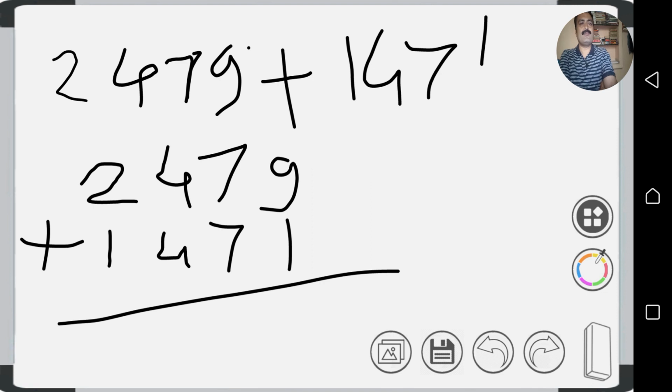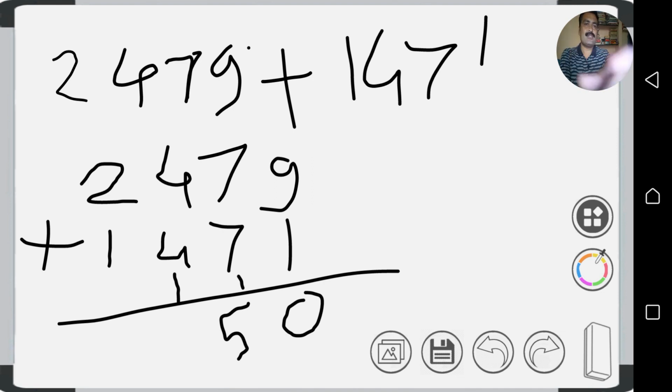So 9 plus 1 we get 10. For 10 we write 0, and 1 is carried into the next addition. So 7 plus 7 we get 14, 14 plus 1 is 15. For 15 we write 5, and 1 is carried into the next addition.